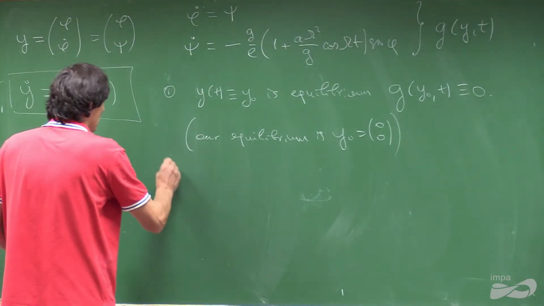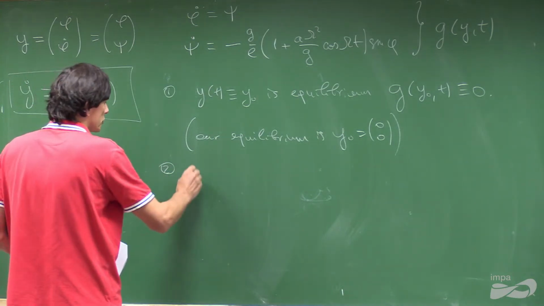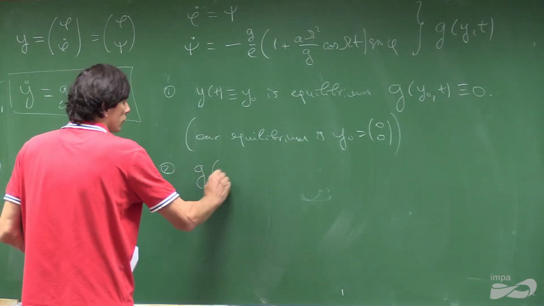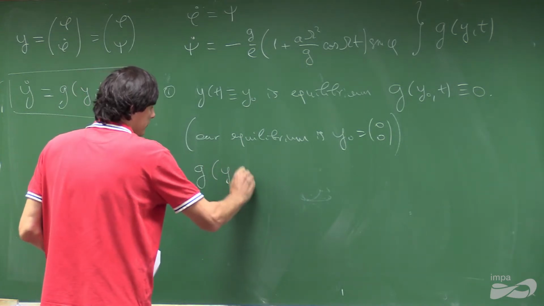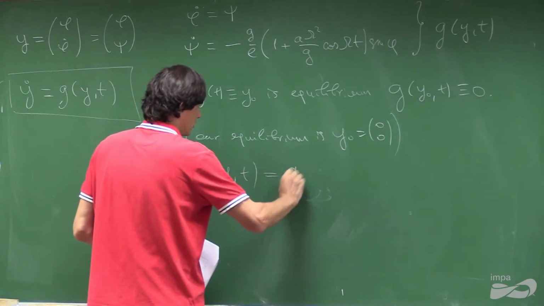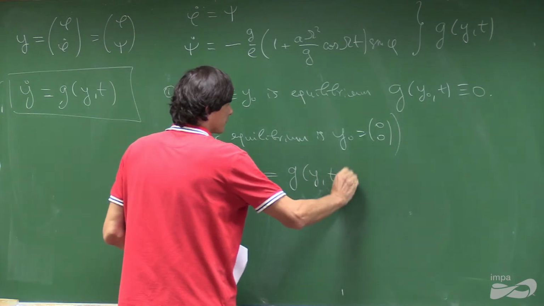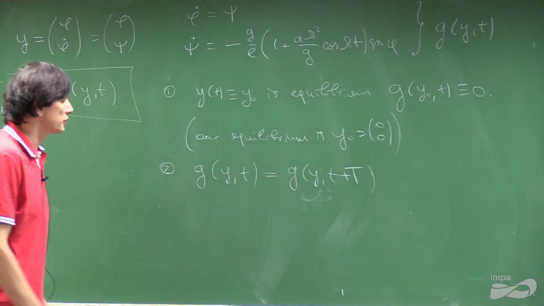And the second assumption is periodicity: that g of y at any y at time t is equal to g of y at time t plus the period. So periodicity.